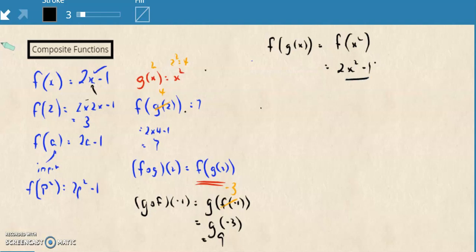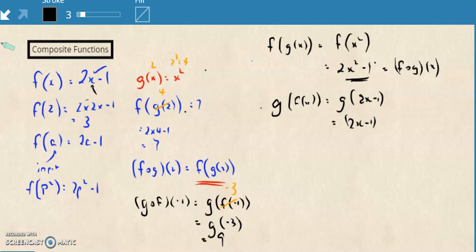So this is our algebraic definition for f of g of x. And we could define it the other way, g of f of x, and that would look like g of 2x minus 1, which is putting 2x minus 1 in here and squaring it, 2x minus 1 all squared.